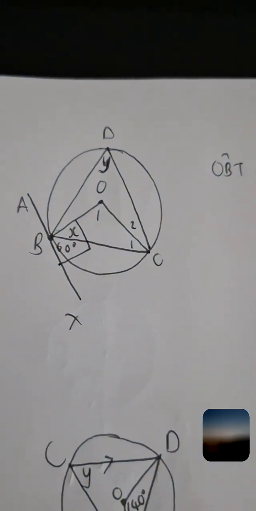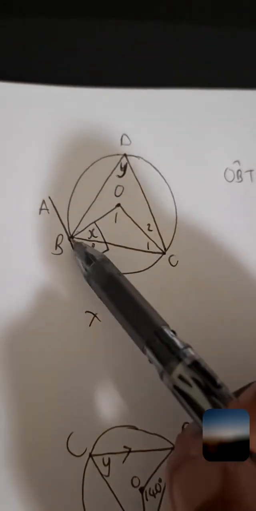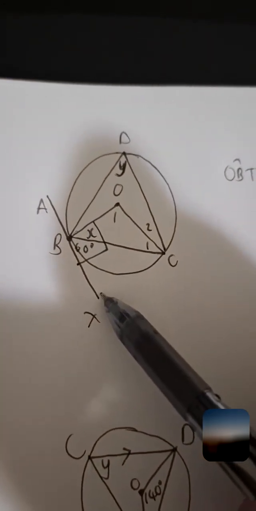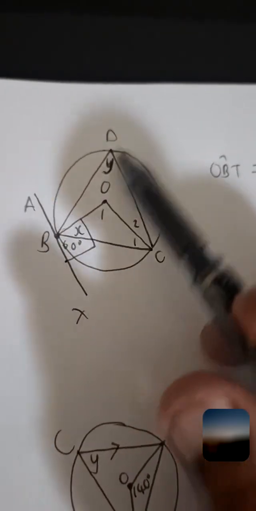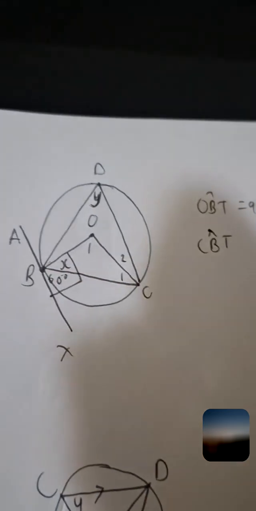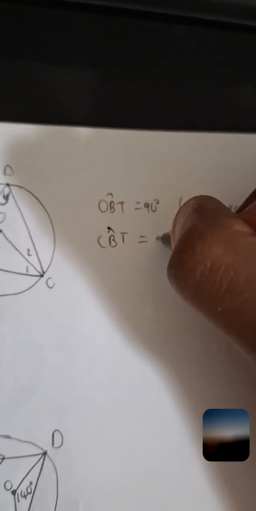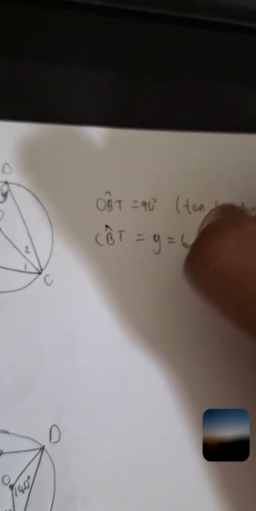Before I can get x, I want to get y first. Angle CBT is equal to angle D. So I'm guessing you're jumping to the tangent-chord theorem. Yes. Angle CBT is equal to angle D, which is equal to 60 degrees.